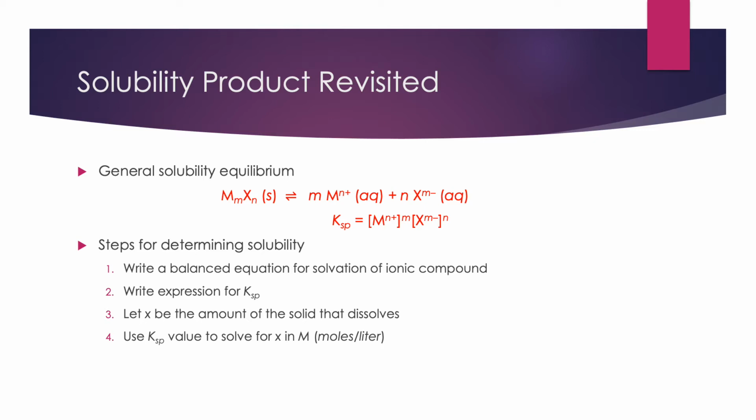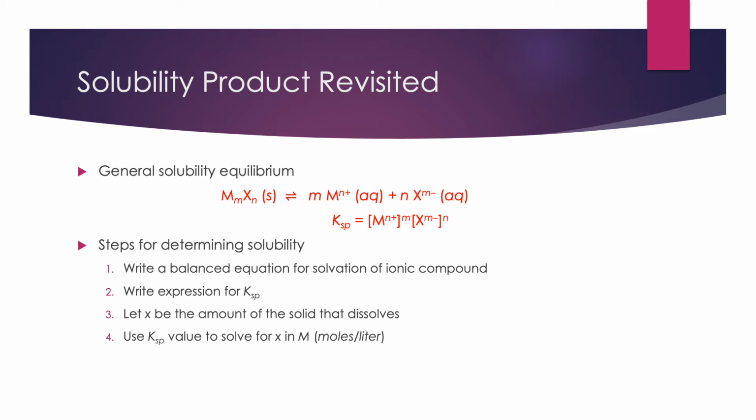Then we would write an expression for the solubility product constant, which would basically be the concentration of the metal ion, raised to its stoichiometric coefficient power, times the concentration of the anion, X, raised to its stoichiometric coefficient power. We would then let little x, for example, be the amount of solid that dissolves.